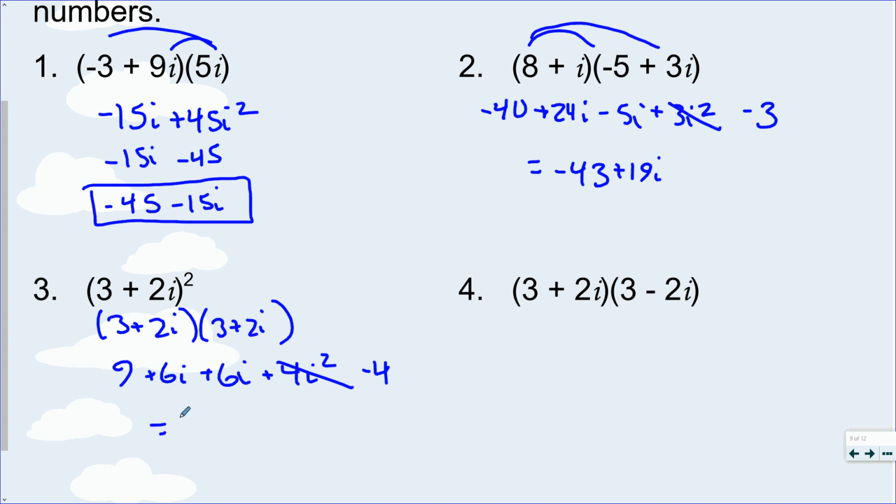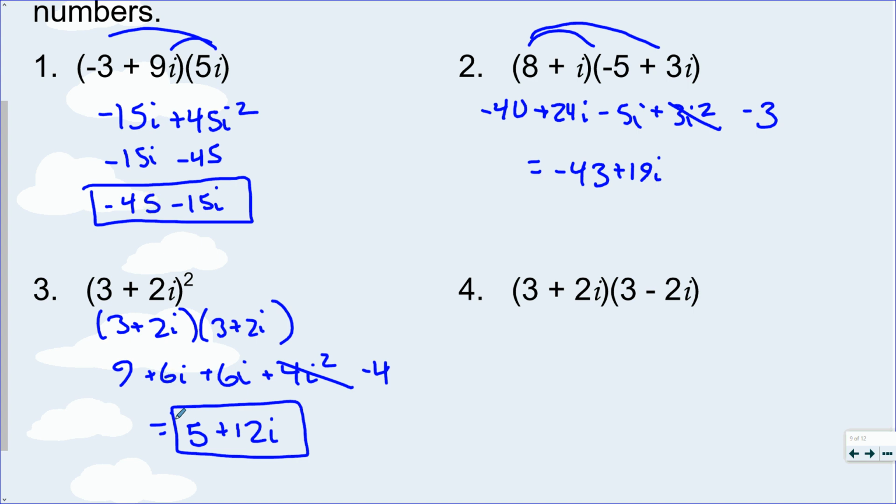Combine your like terms. You get a 5 plus 12i. Now, you might wonder, hey, 3 plus 2 is 5. That's a coincidence, actually. But it's not always completely clear that you're going to get a 5 there, which is kind of neat that this happens.